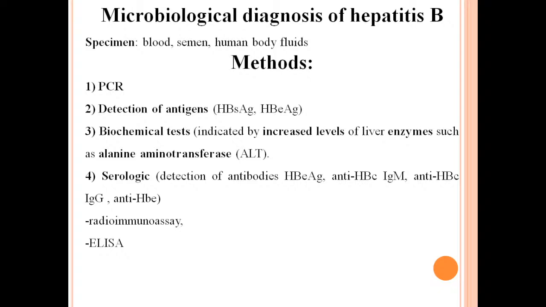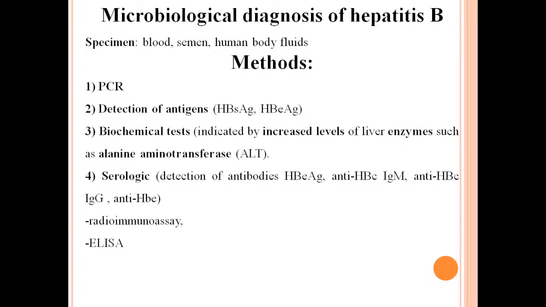Methods that are used for detection of hepatitis B virus. The first one is PCR. The second one is detection of antigens, HBs antigens and HBe antigens, that are present in acute infection. Then biochemical liver function tests that detect increased levels of liver enzymes such as alanine aminotransferase, bilirubin, and others.